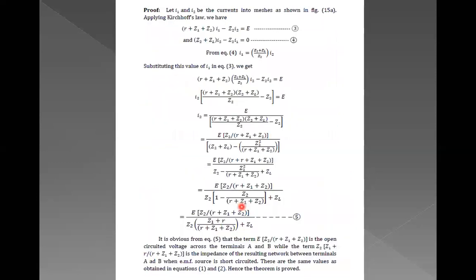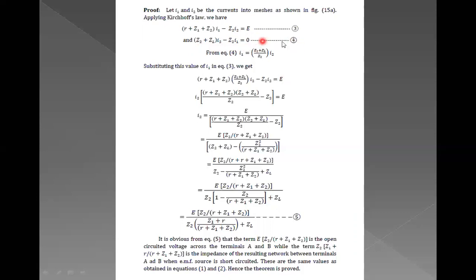So if you rearrange the equation, we can write it in terms of I1 and I2. This comes like R plus Z1 plus Z2 into I1 minus Z2 into I2 is equal to E, and the second equation comes like Z2 plus ZL into I2 minus Z2 into I1 is equal to 0.